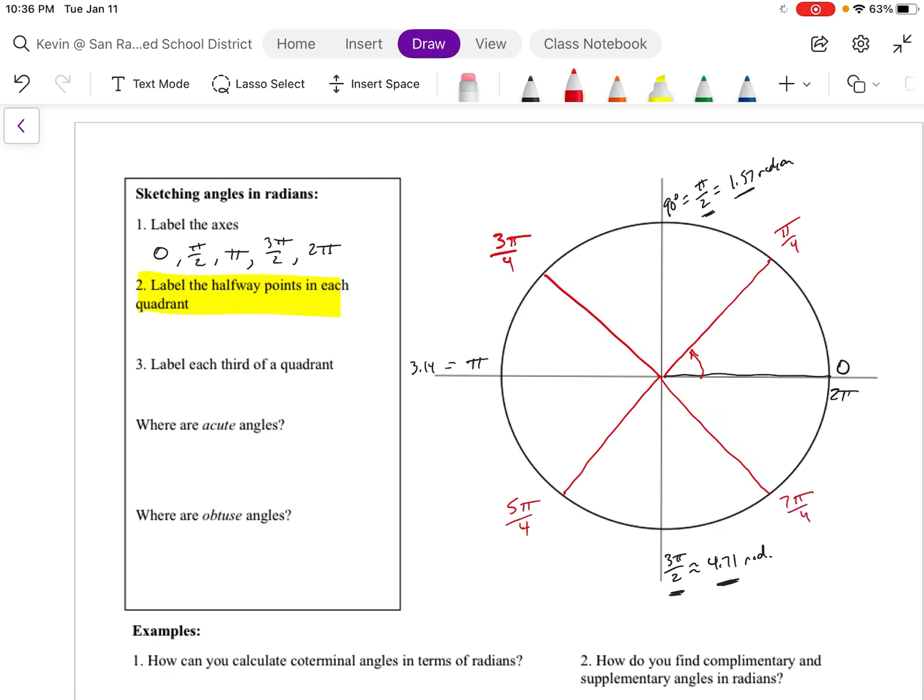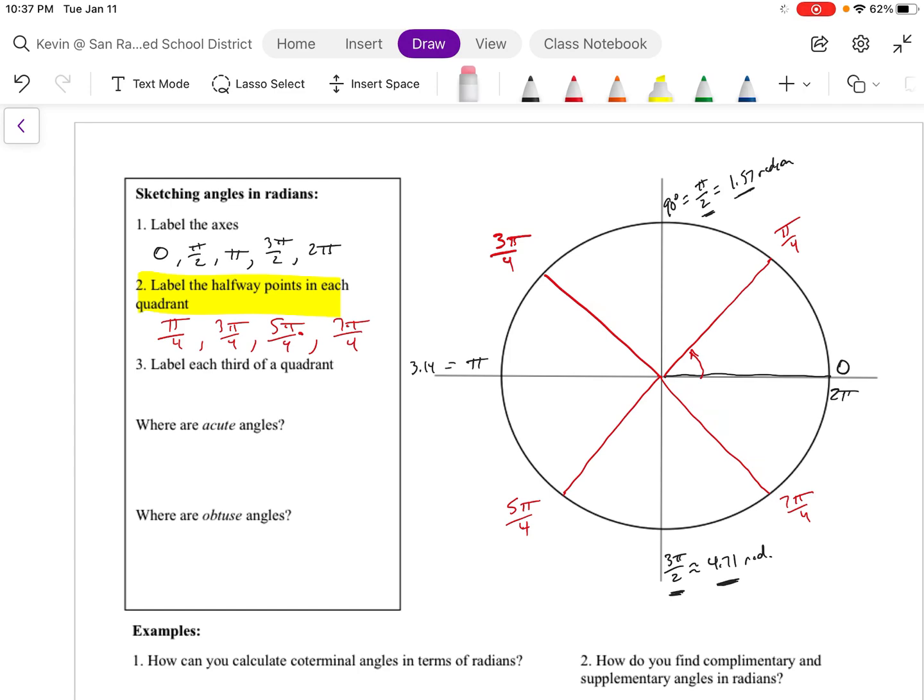So the halfway points are pi over 4, 3 pi over 4, 5 pi over 4, and 7 pi over 4. We say pi over 4, but what it really is 1/4 pi. 3 pi over 4 is really 3/4 pi, 5/4 pi, 7/4 of pi. But the way we typically say it is 7 pi over 4.